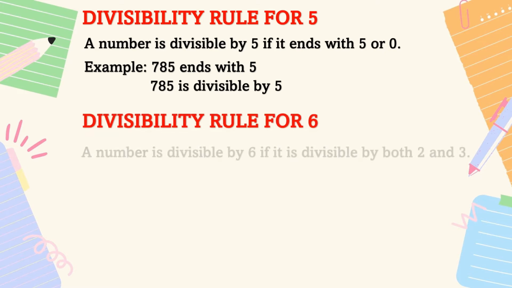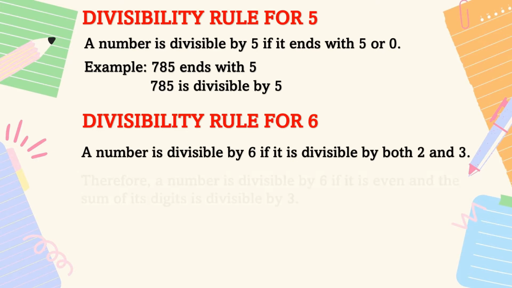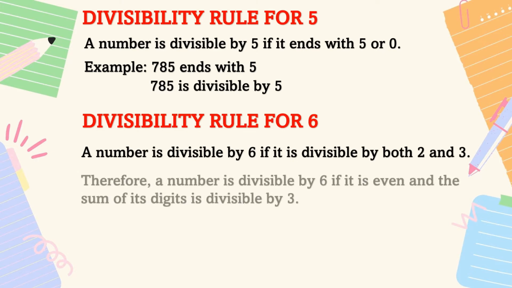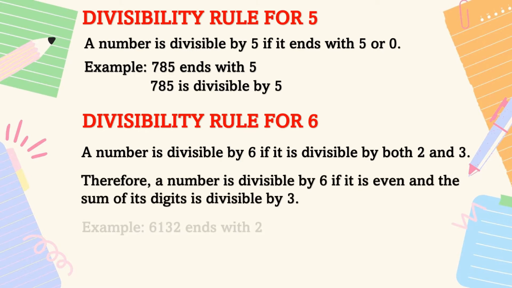A number is divisible by 6 if it is divisible by both 2 and 3. Therefore, a number is divisible by 6 if it is even and the sum of its digits is divisible by 3. For example, 6,132 ends with 2.